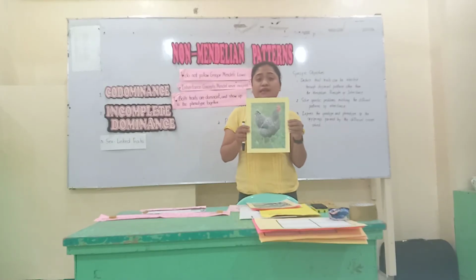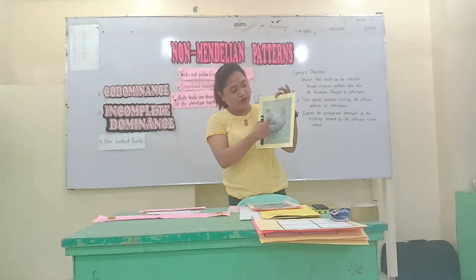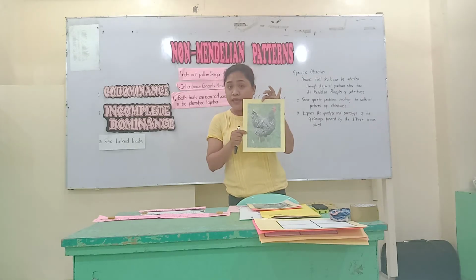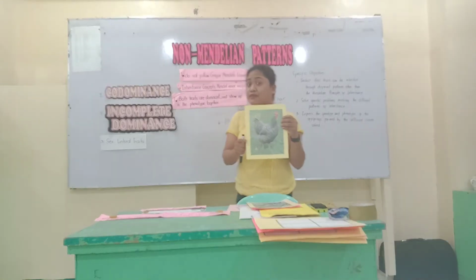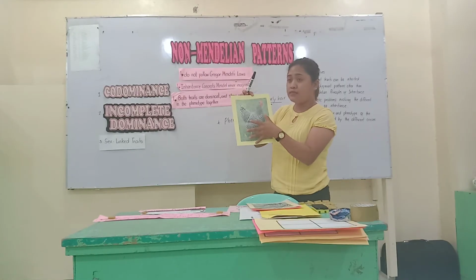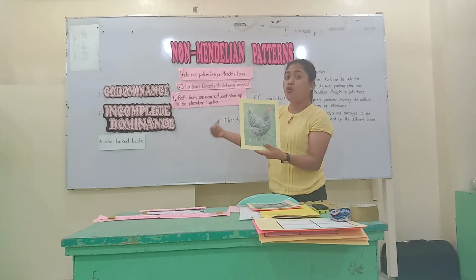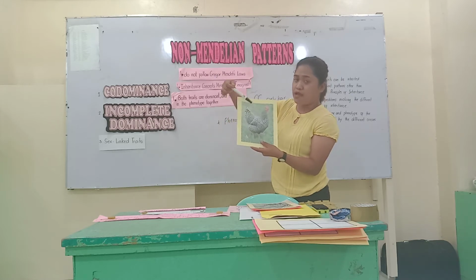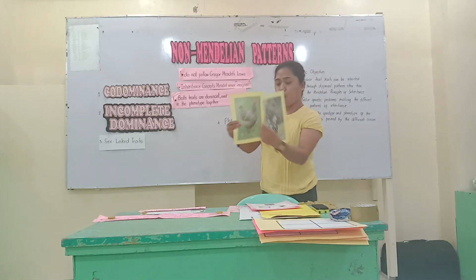This is called a checkered chicken. Checkered because its feathers have a checkered pattern. This principle, or non-Mendelian principle of inheritance, is called codominance. You can see in one organism the two phenotypes together. Co means together. So, codominance. There is the white, and there is also the black. Another example is this one.